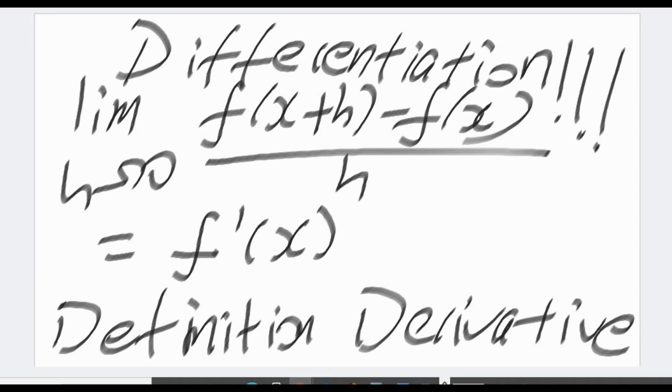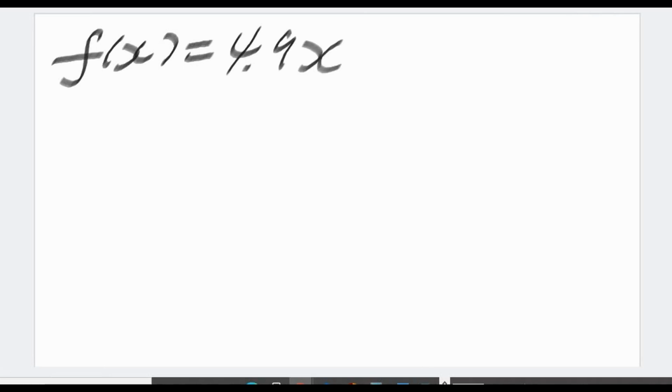However, we're not finished yet. Let's go back to our physics example. Recall the function we have is f of x equals 4.9 x squared. Let me show you why the exact velocity at time equals 1 second is 9.8.